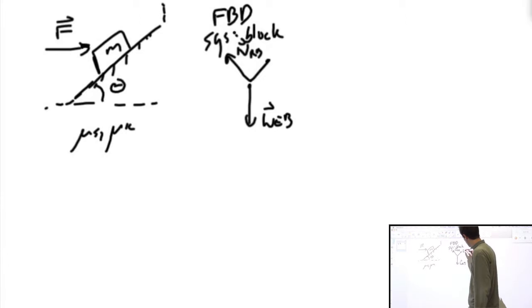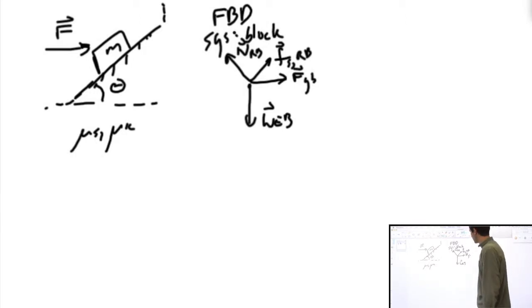I know from the problem statement that this is going to be static and it's going to point upwards. And then finally, I have my sideward force right here, the force from you on the block. So with this in mind, we can move onwards.